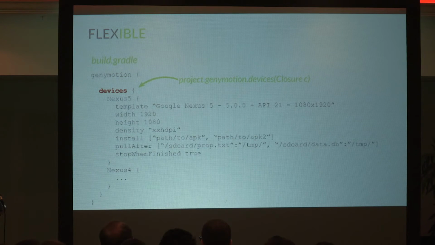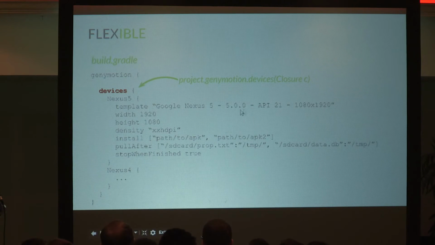The user will create a devices block, and what is actually happening there is that the devices method inside the Genymotion extension is called, and what is passed as a parameter is a closure. A closure is a piece of code that will be executed by Gradle. Just to let you know, that's like lambdas, if you have already done Java 8.